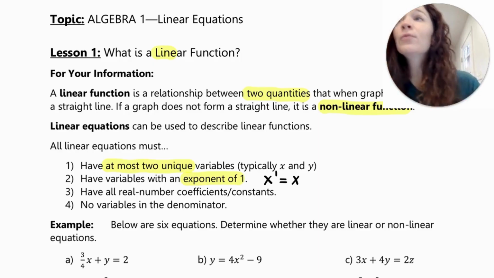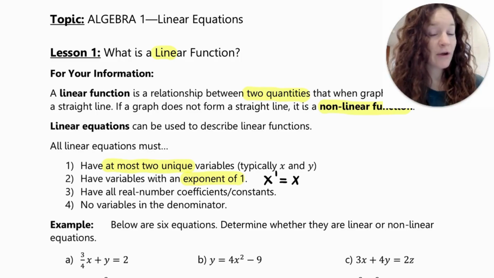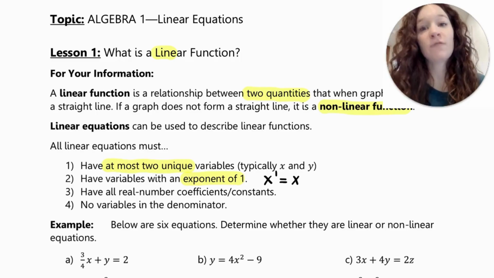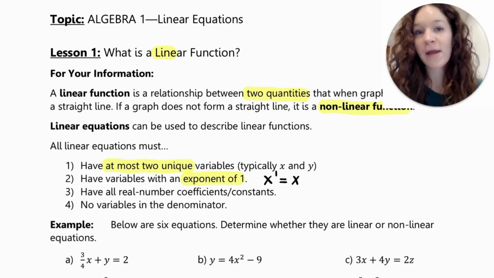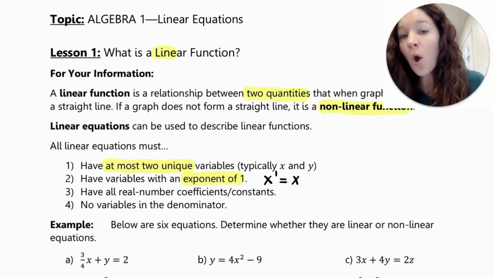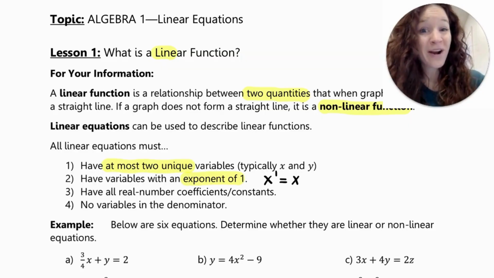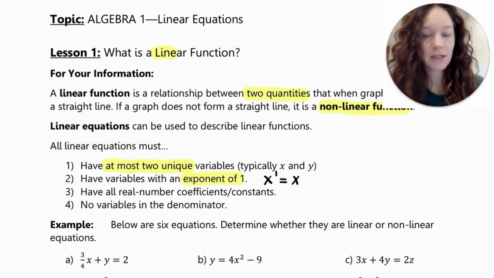So you will see something with an x and a y, at most two variables, but both of those variables will have the exponent of 1. And that is one of your quick, easy ways to see, okay, is this a linear function? You see an x squared, or a y to the third, or even an x to the 1/2, something like that. Automatically nonlinear, okay?